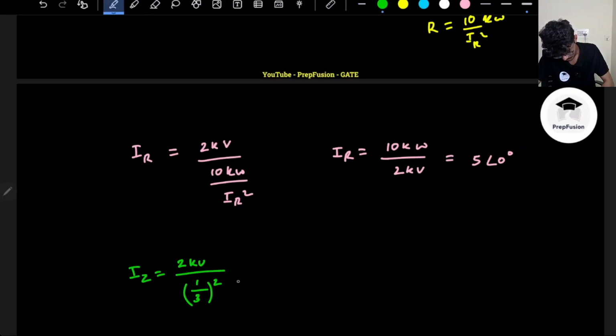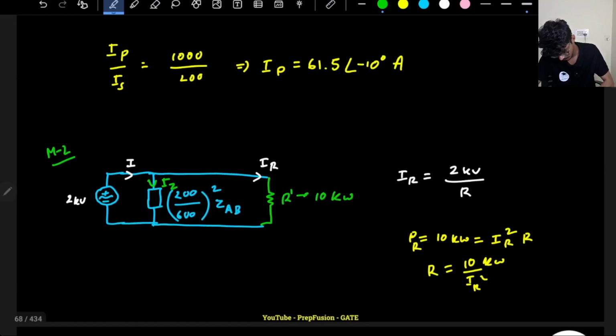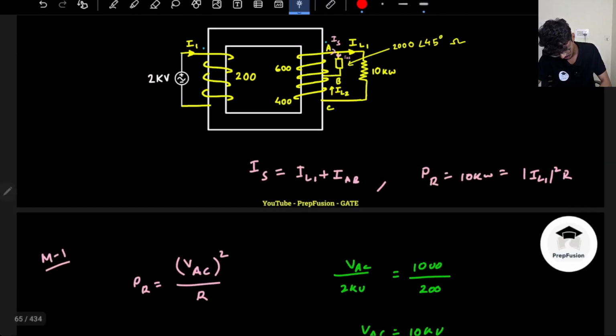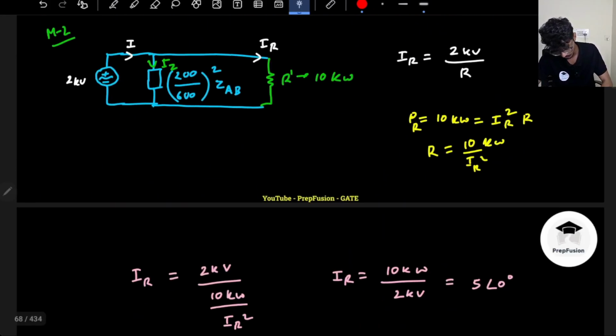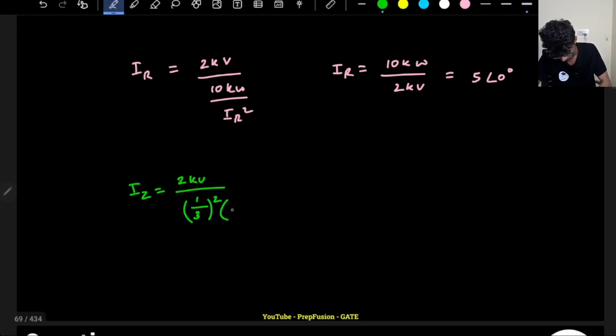So what is ZAB? They have given me ZAB, and now remember I have referred this, so this is the referred value actually. So ZAB is 2000 angle 45, right? So we don't need to write anything else, because this is already taking care of the referred value. So 2000 angle 45.